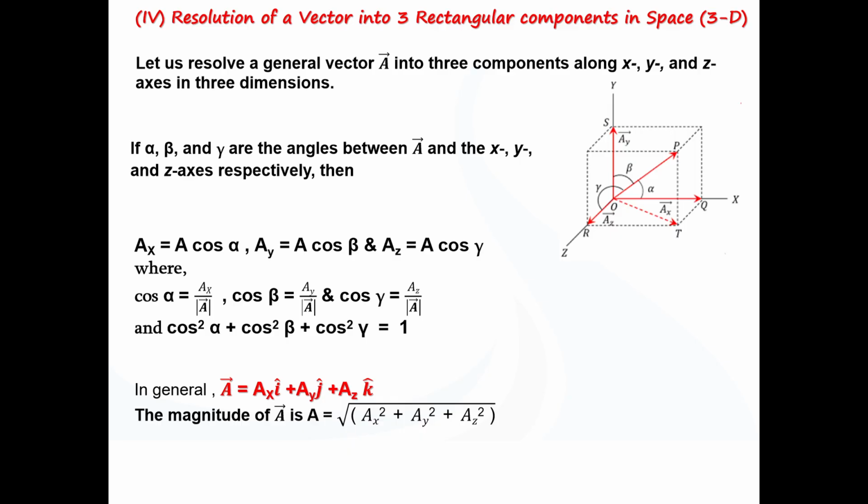In general, vector A is equal to Ax i cap plus Ay j cap plus Az k cap, and its magnitude is root under Ax square plus Ay square plus Az square.